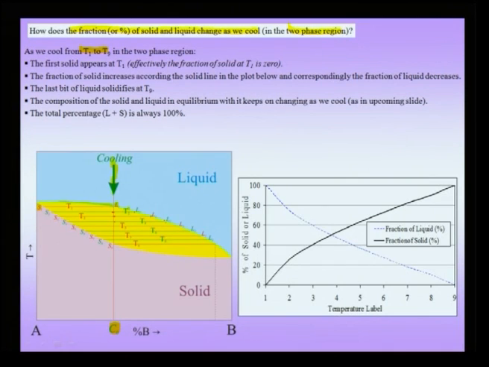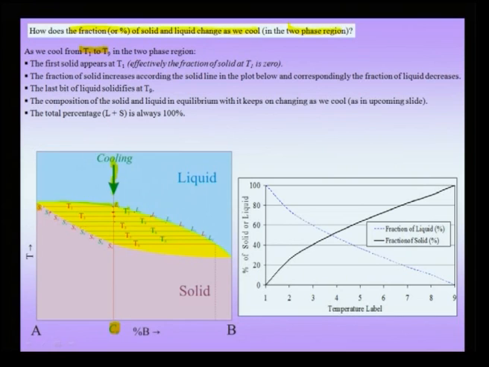That means, as I cool down, as I would expect, the fraction of the solid is increasing. Correspondingly, the fraction of the liquid is decreasing, which is proportional to this arm of the lever. Originally the whole thing was fully liquid. Then at temperature T2, the amount of liquid came down, which is this length.